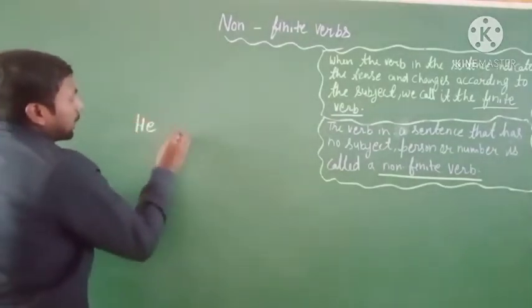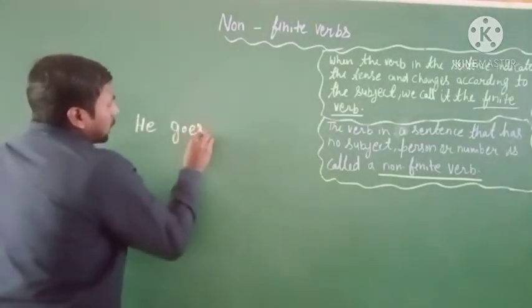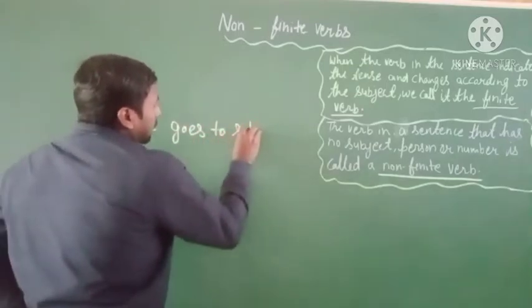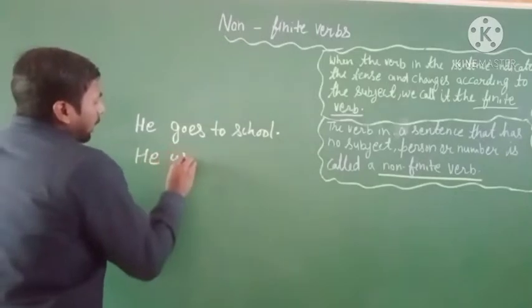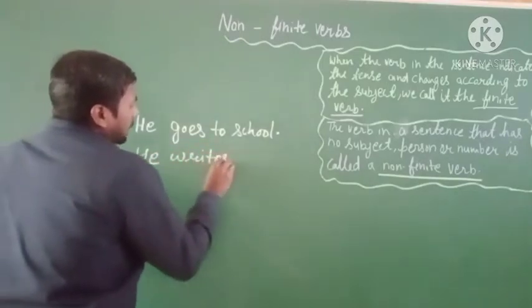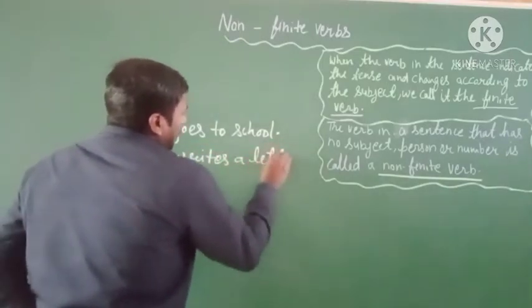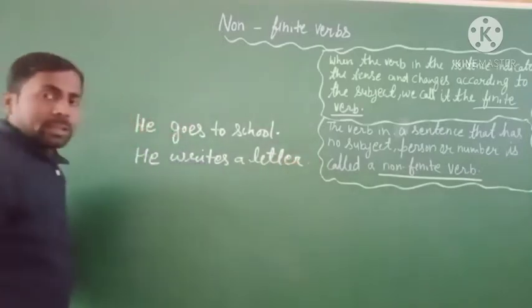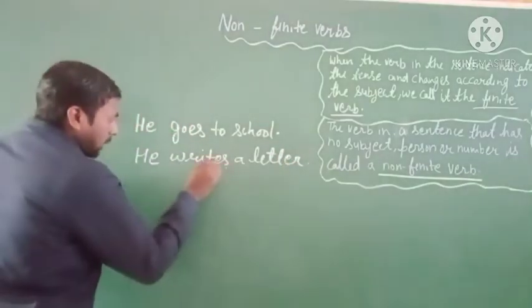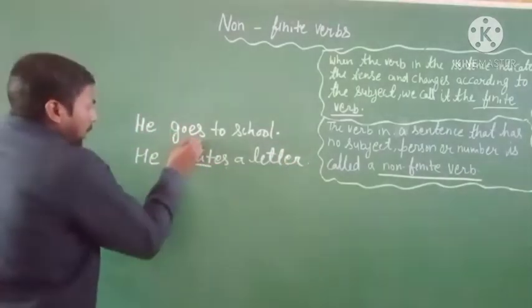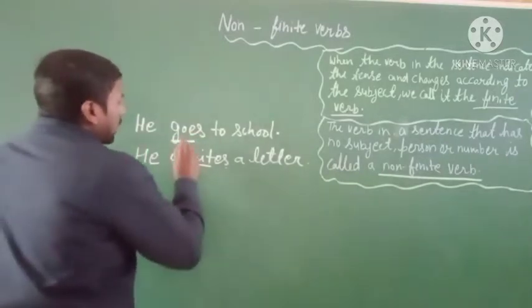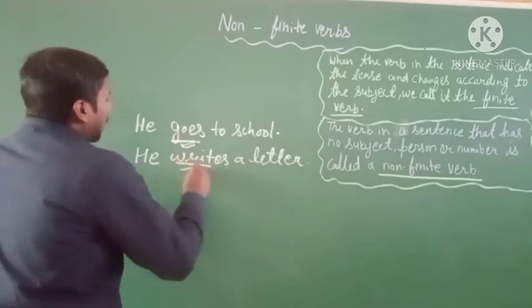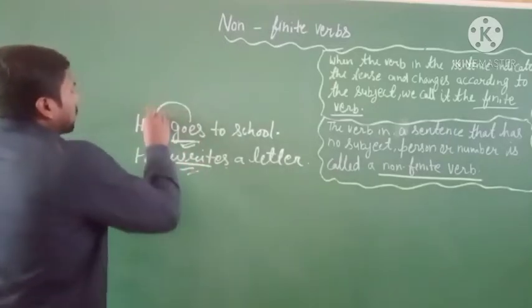He goes to school. He writes a letter. In this case you can see here the verb write and the verb go, and in both sentences the verb changes its form according to the subject.